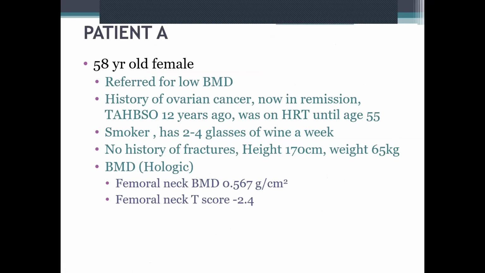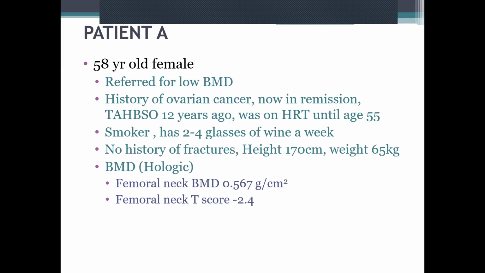So with that, I'll just discuss a patient to see how we can apply the risk calculator. I have here a patient who's a 58-year-old female who's referred for low bone mineral density. She's got a history of ovarian cancer, which is now in remission. She had a TAPSO done, and she was on hormone replacement therapy.